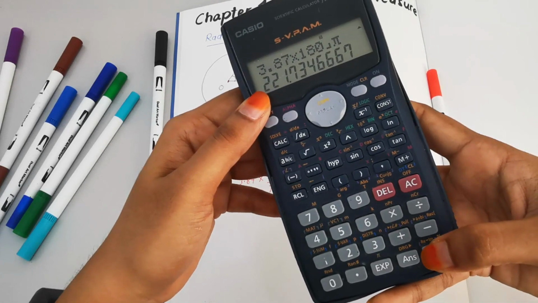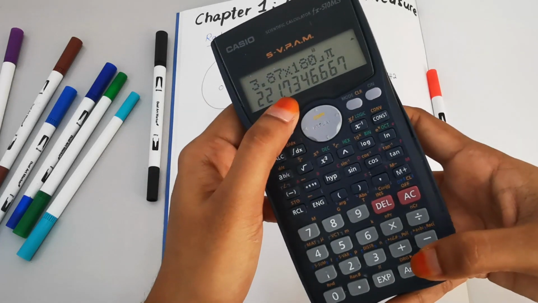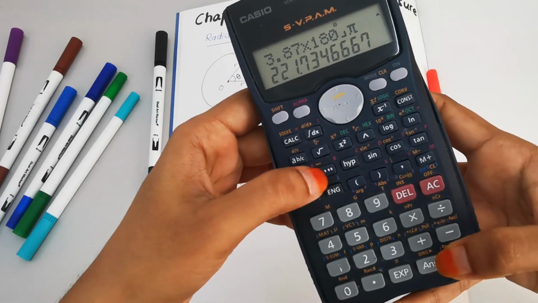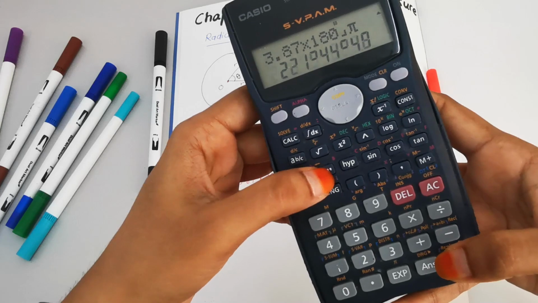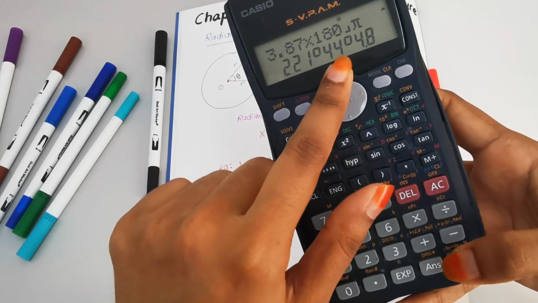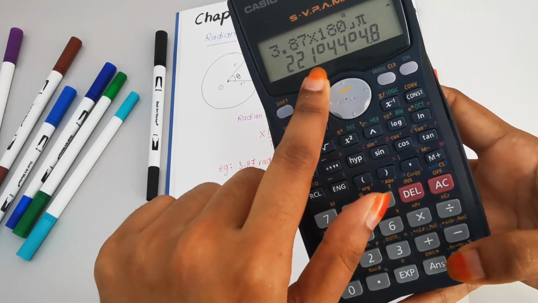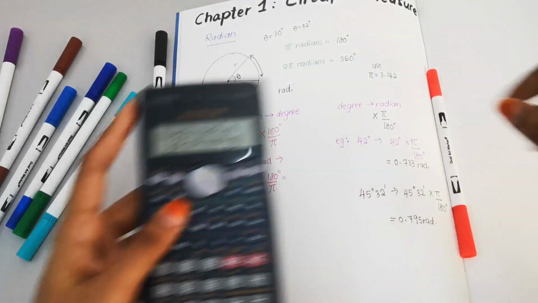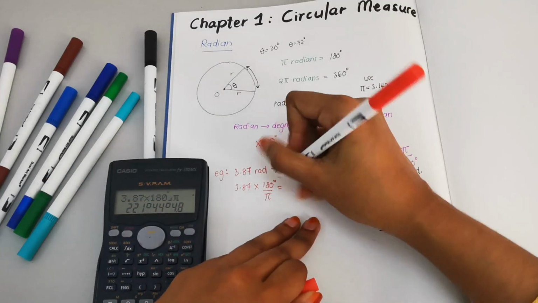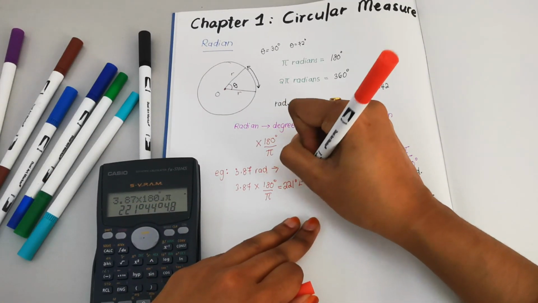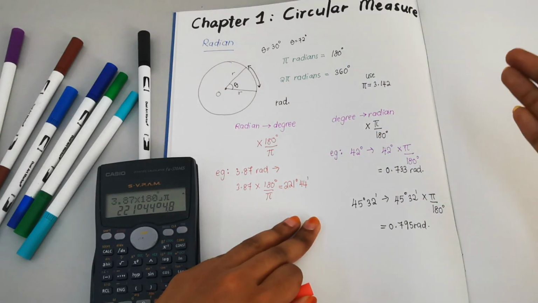So we get 221. When we get in this form, you immediately press the angle button, and we write it in degrees and minutes like this. So 221 degrees 44 minutes. That's the answer, 221 degrees 44 minutes. It's actually very simple, right?